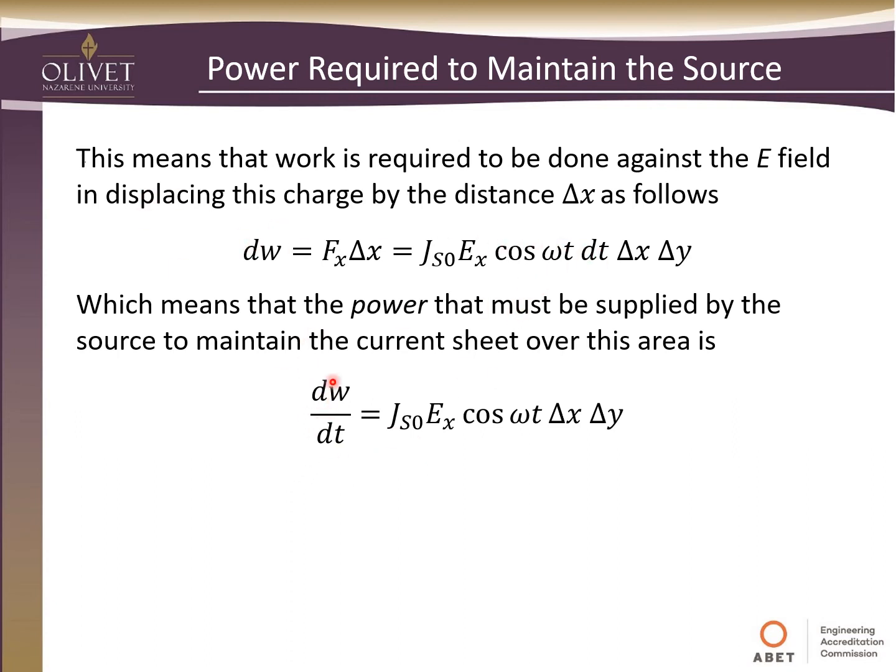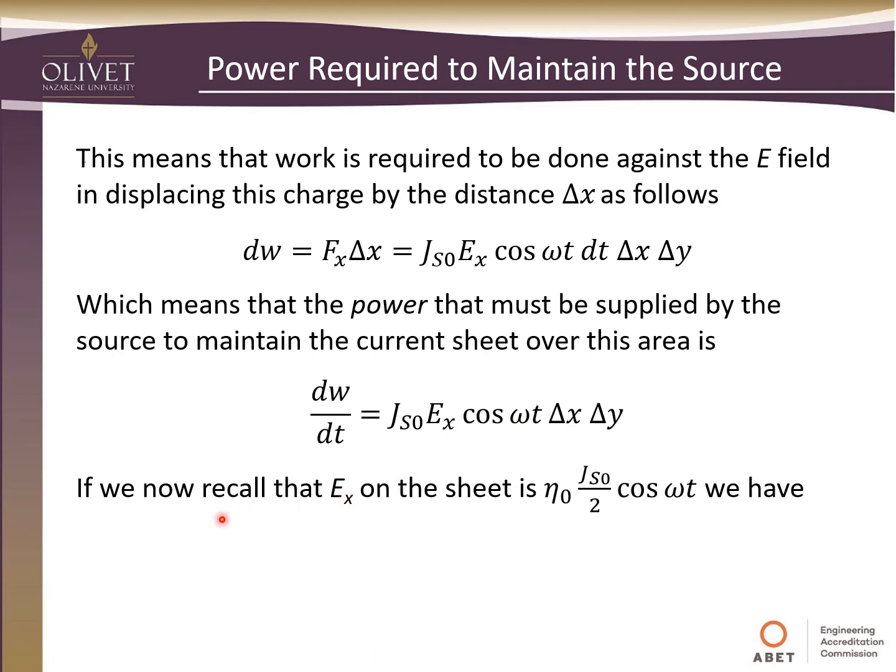So we divide by the dt, so this is the change in work over time, which is the definition of power. So we have this expression for that. So then if we recall that our electric field on the sheet is defined by this term here, which is just the intrinsic impedance times our current density definition, we now have this new expression, intrinsic impedance times the square of the current density divided by 2 times our differential rectangle on the current sheet.